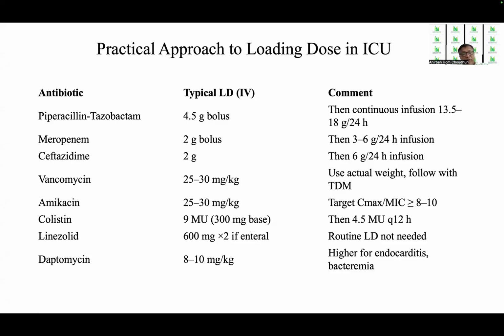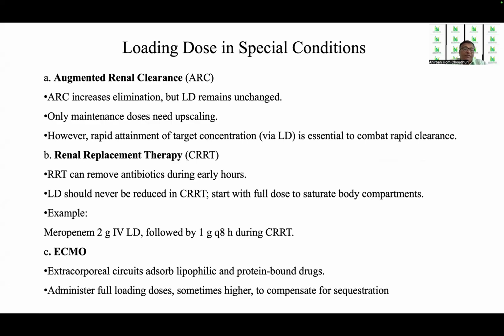Colistin, it is 9 million units containing 300 milligram base. Linezolid, it is usually 600 milligram twice a day. If it is enteral, routine loading dose is not required if the drug is administered IV or oral. And daptomycin, it is 8 to 10 milligram per kg, although higher dose is required for endocarditis, bacteremia, etc.